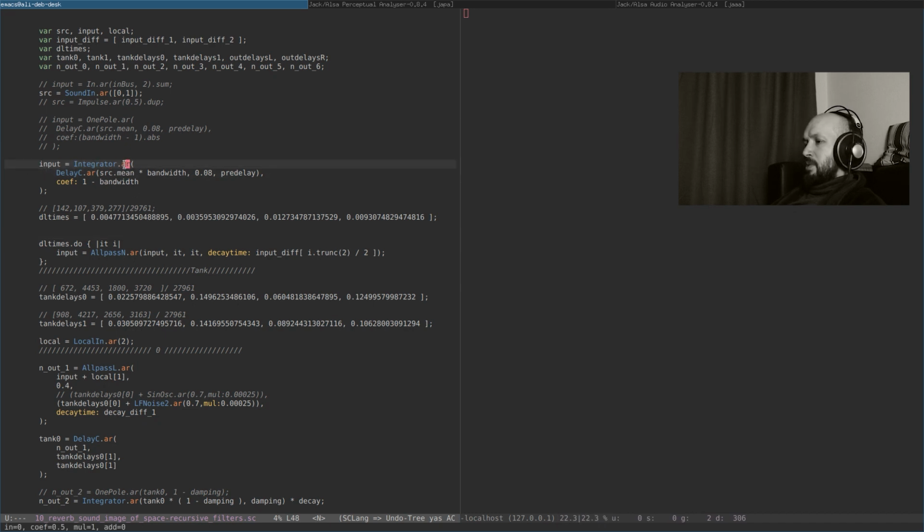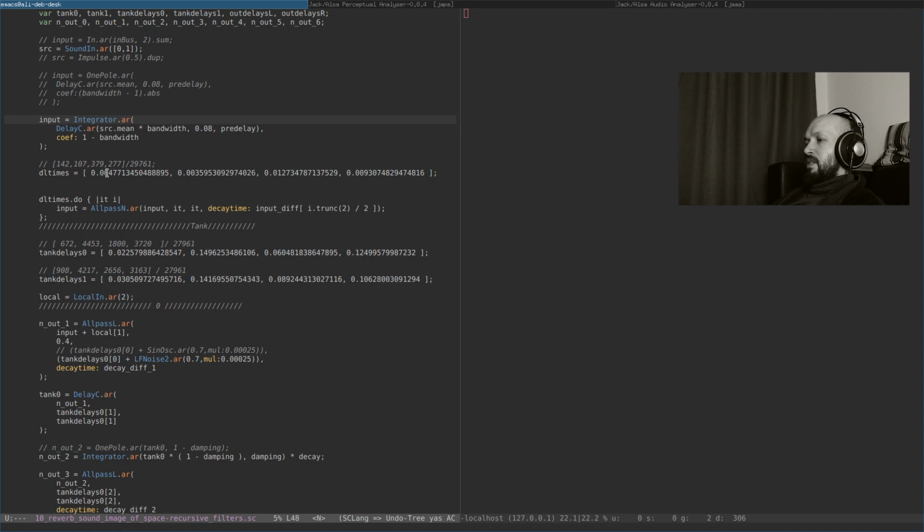It also can be a one-pole filter, or you can use it just as it was in a block diagram. Input signal is multiplied by bandwidth, and then in the feedback the coefficient is 1 minus bandwidth. It will give you that filter. It will sound the same as a one pole with the positive coefficient, not negative coefficient, because negative coefficient will give you a high pass filter.